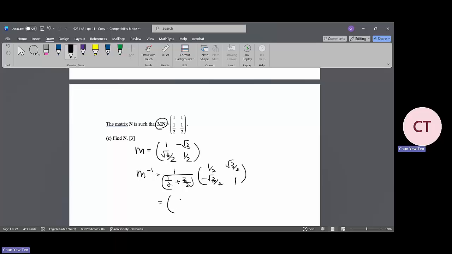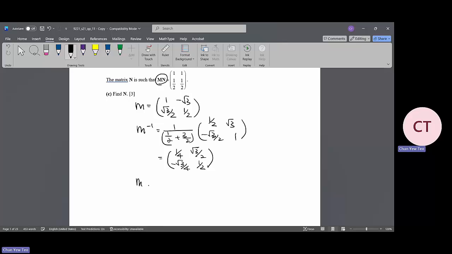You will get this as 1 over 2. Oh, I made a mistake. This is no root 2. This one is a positive root 3. This one is the half. So this will be your M inverse.